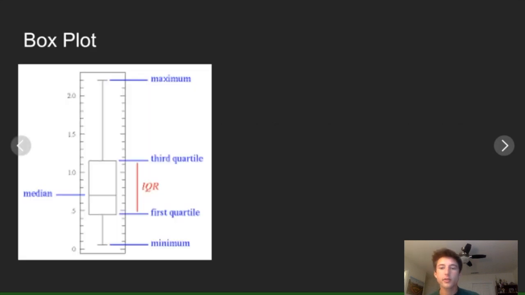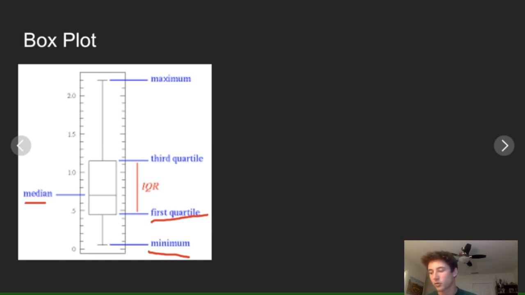So real quick, just as a review for box plots, a box plot is going to show you the minimum value of a data set. And it's going to have the first quartile, which is the 25% mark, where 25% of the data is below and 75% is above. You have the median right here, which is the middlemost data number.